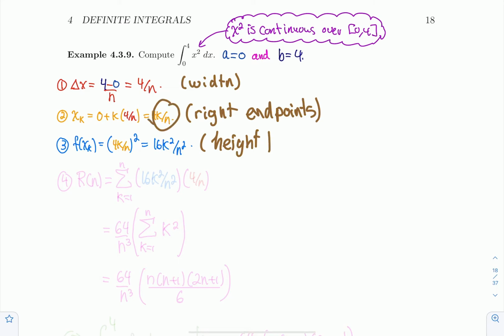When you square it, because the function is very simple, it's just x squared, f of xk is 4k over n in brackets to the power 2, so you get 16k squared over n squared. Always take the time to simplify as much as possible, because we're going to be using that formula. So f of xk is 16k squared over n squared. Again, what f of xk computes is the height of the kth rectangle, from the first one to the last one.